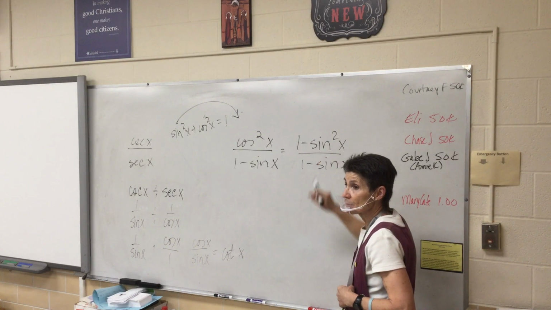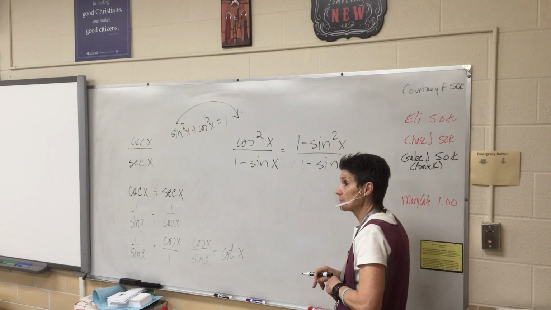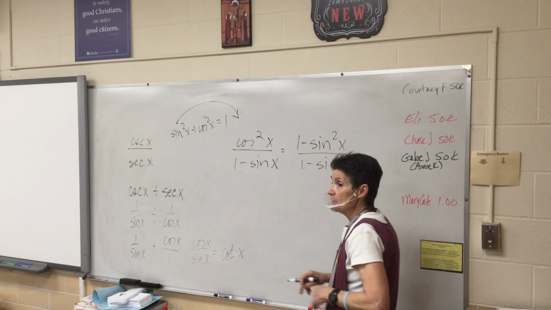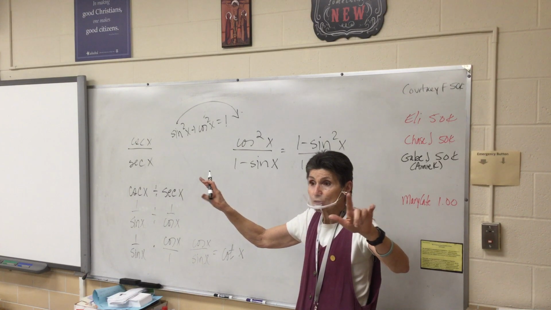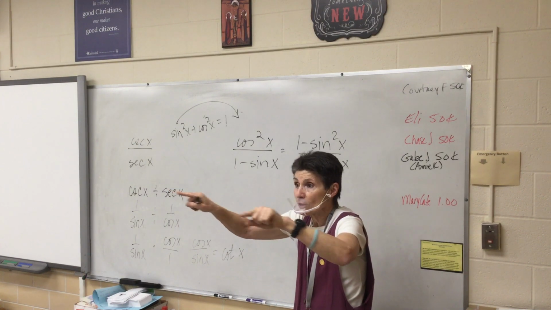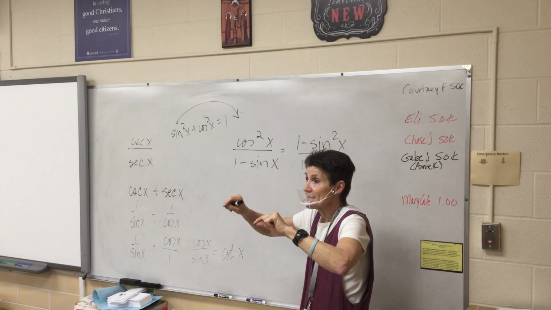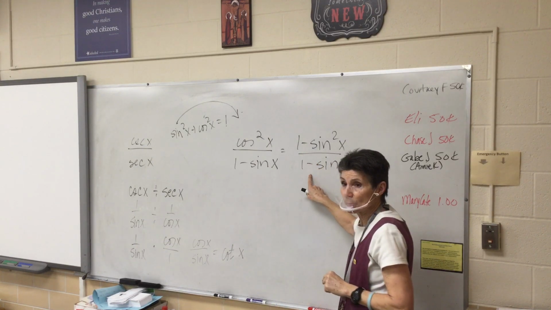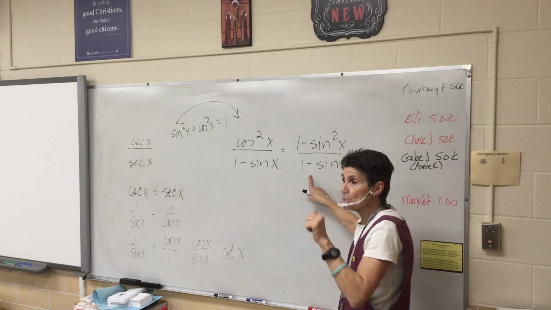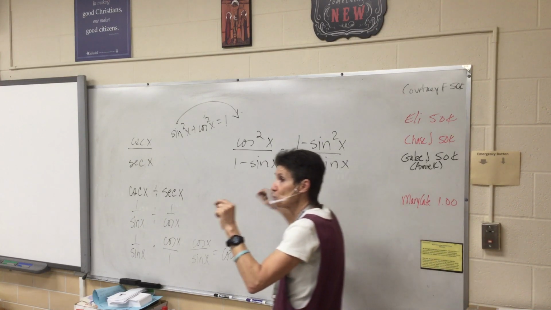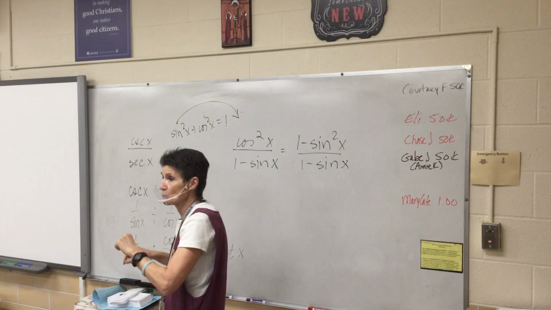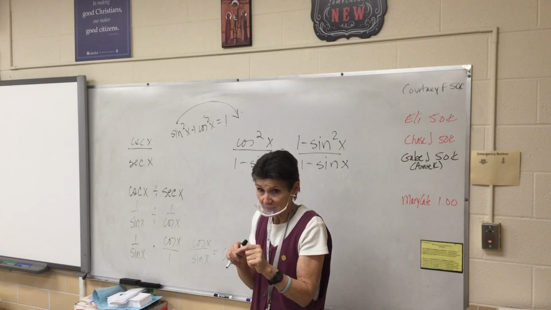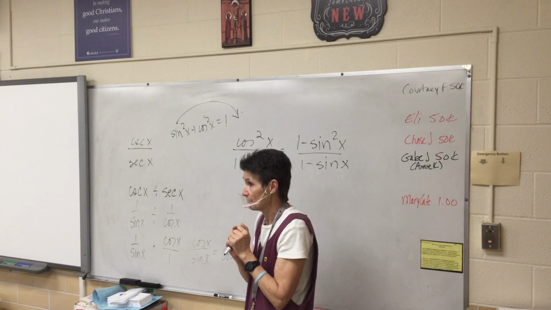Carol? Clara? Okay. Okay, now listen to me. No, never, ever, ever do we cancel pieces of a subtraction problem. If you want to cancel, you must factor first. If there are additions and subtractions, you must factor first. Okay?